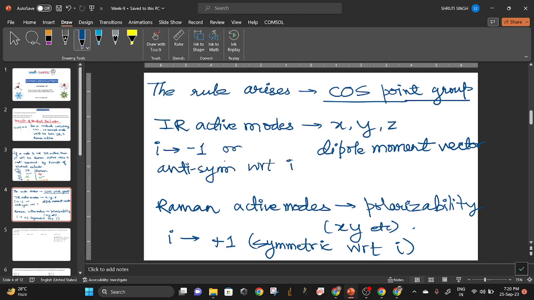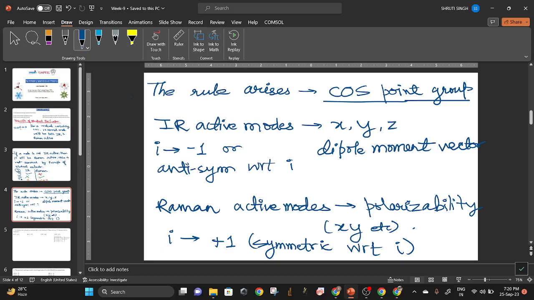There cannot be a case in which the character under I is both plus 1 and minus 1. Isn't it? The character will be either plus 1 or minus 1, either symmetric or anti-symmetric. So there will not be any overlap between minus 1 and plus 1.